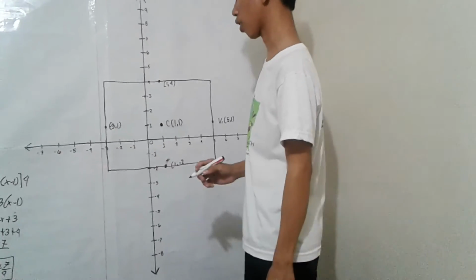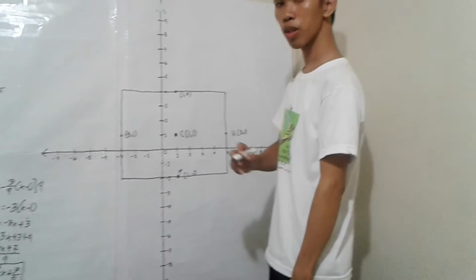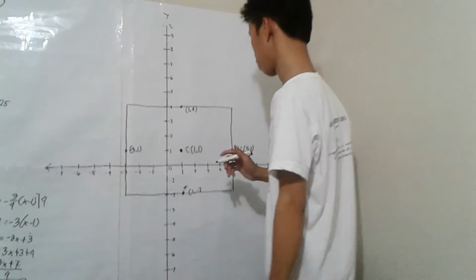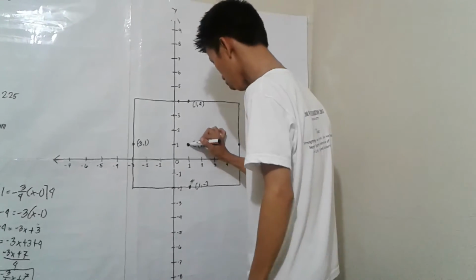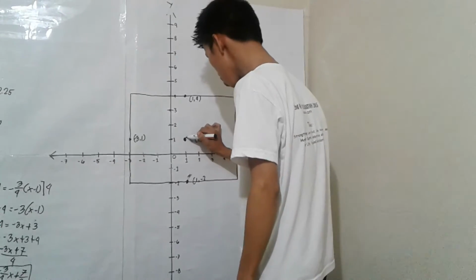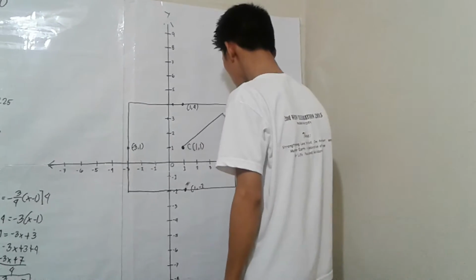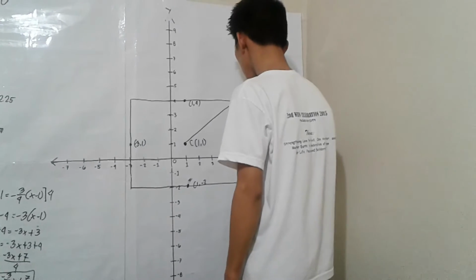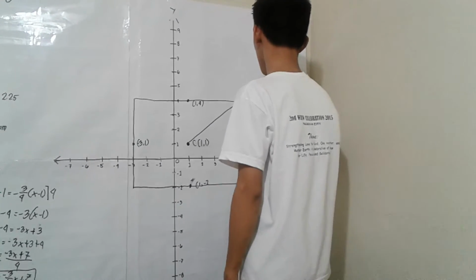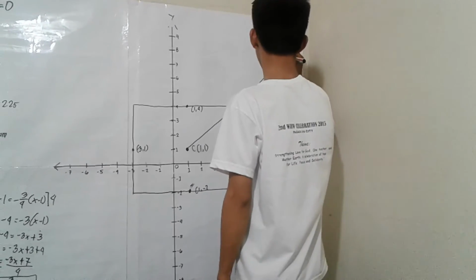We have now a rectangle. So now we can draw our diagonals. So from here to here, and the diagonal.